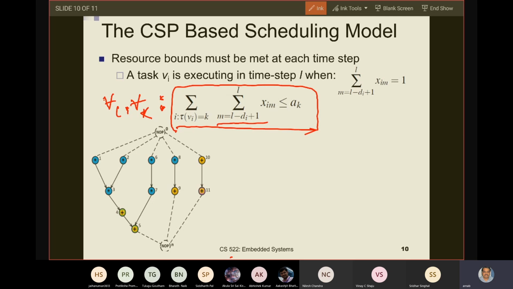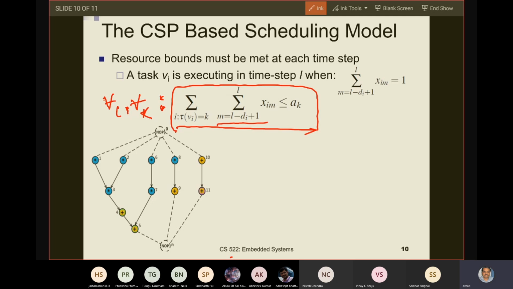However, if the task has started at time step number 8, then it will complete at time step number 10, so it is executing at time step number 10. If the task has started in time step number 9, then it is executing at time step number 10. If the task has started in time step number 10, then it is executing at time step number 10. So a task whose execution time is 3 is executing at time step number 10 if it has started in time step number 8 or 9 or 10.